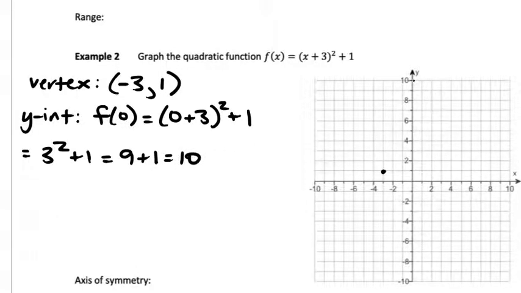So my y-intercept is 10. Now this is the vertex, and this parabola is going to be opening upward. So drawing the shape as best that I can. And we know that it's opening upward as well.